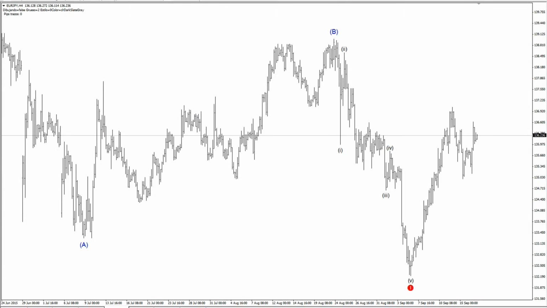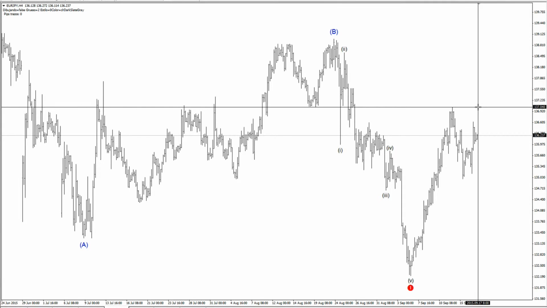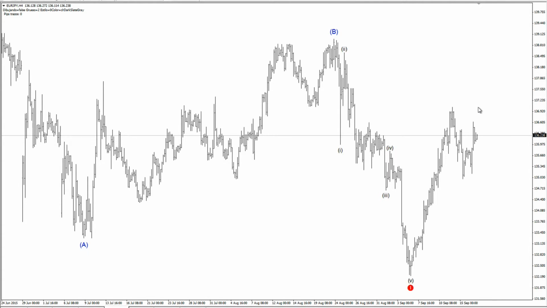Let's move to Euro Yen. Euro Yen yesterday declined heavily, or should I say day before that. Yesterday we got an upwards move. So the decline from the peak, which is at 137, is in 3 waves and is signaling a continuation of the upwards price action.